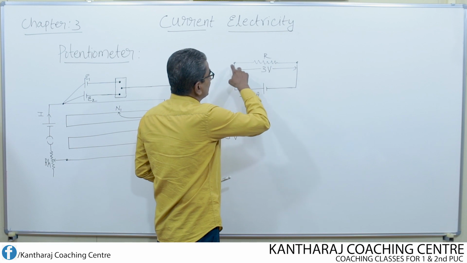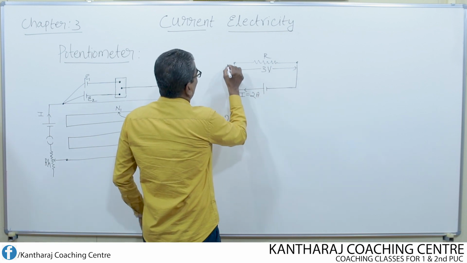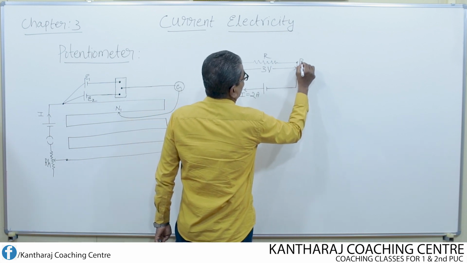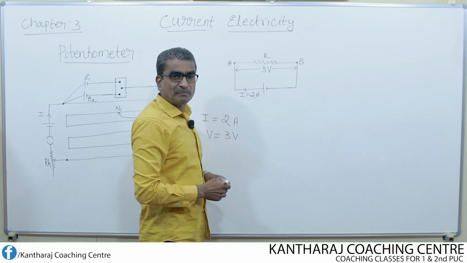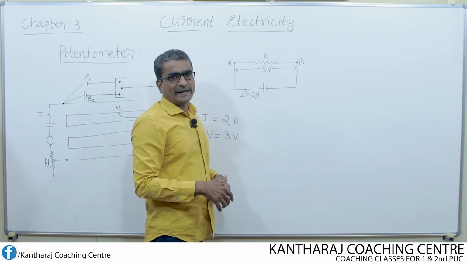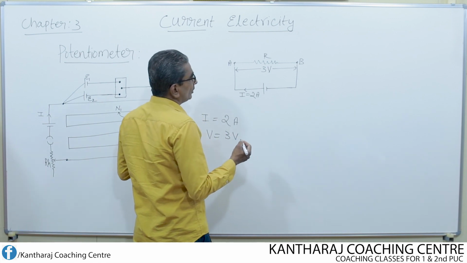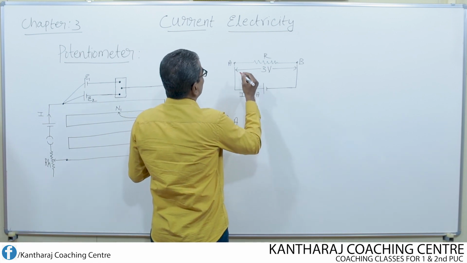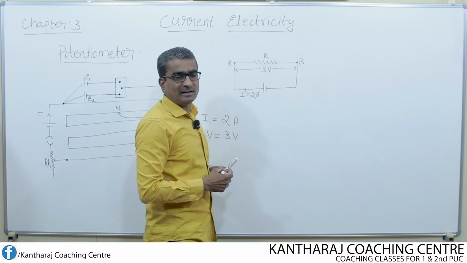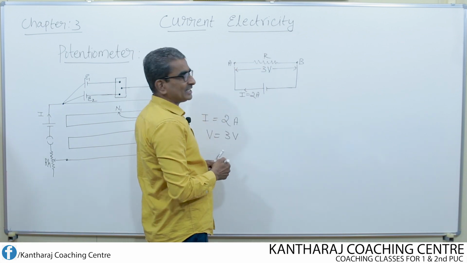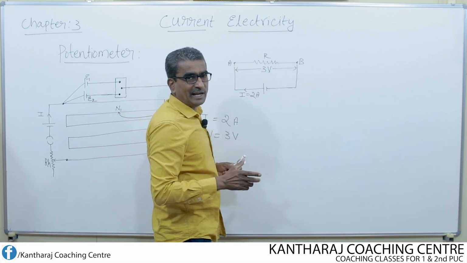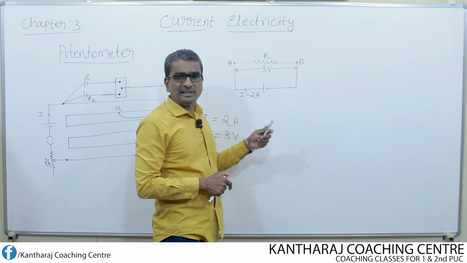Suppose I want to measure the potential difference across the resistor R practically, then what I have to do is connect one voltmeter. How do we connect the voltmeter? Voltmeter is always connected in parallel with the resistor, not in series. Only an ammeter will be connected in series with the resistor.